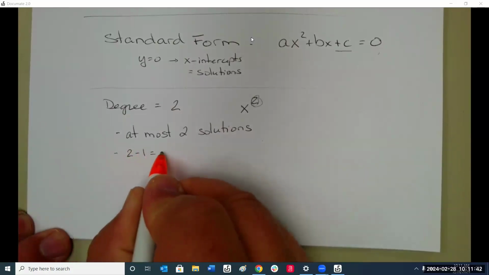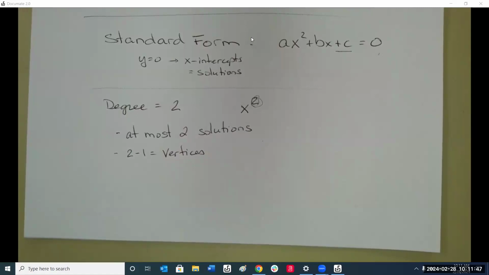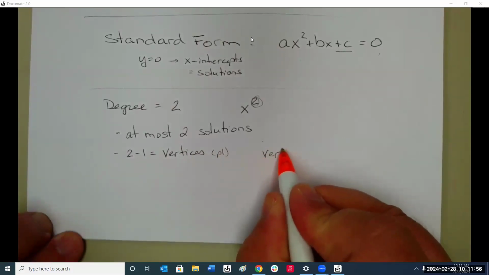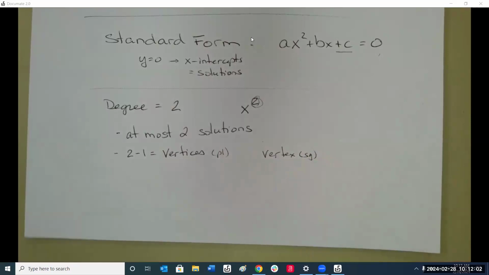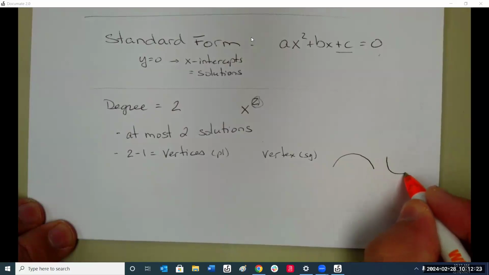Two minus one vertices. Remember what a vertex is? Vertices is plural, vertex is singular. What is a vertex? Anybody? A vertex, we have one of two possibilities.